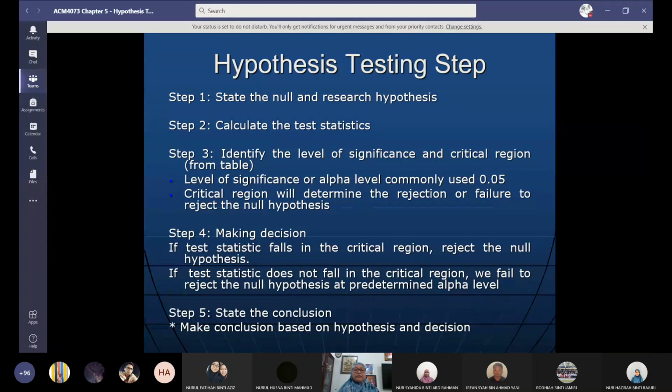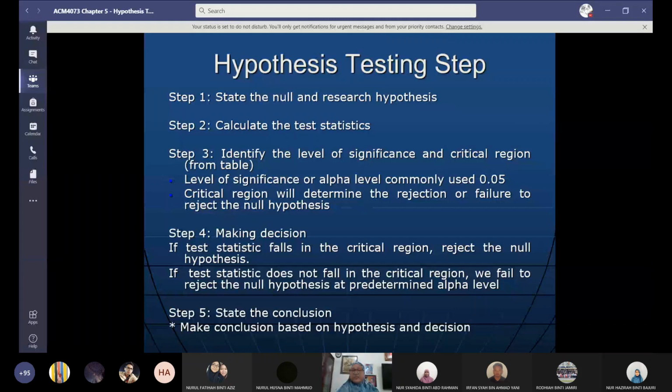So we must have the H0 and HA. Must state both. And then you calculate the test statistic in SPSS. We can calculate it manually, but in this class we use SPSS.